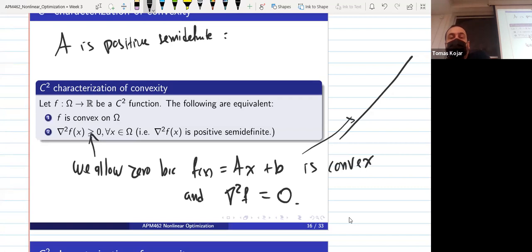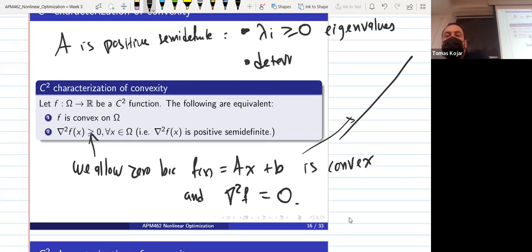What is it? One was the eigenvalues are non-negative. And the other one was the determinants of leading minors are non-negative.